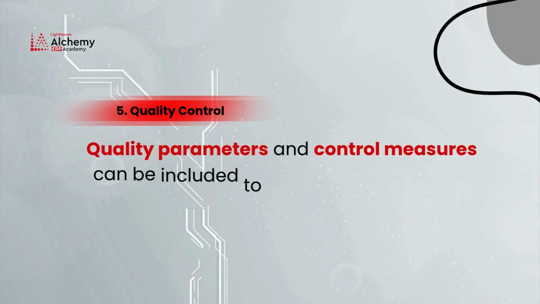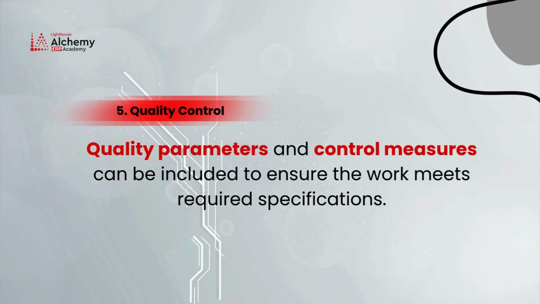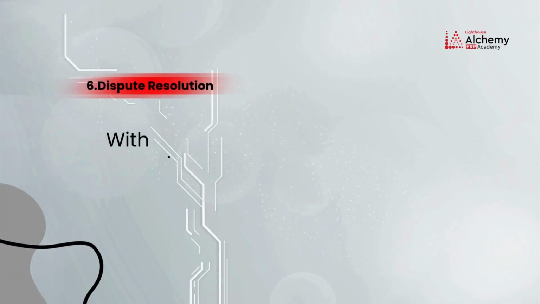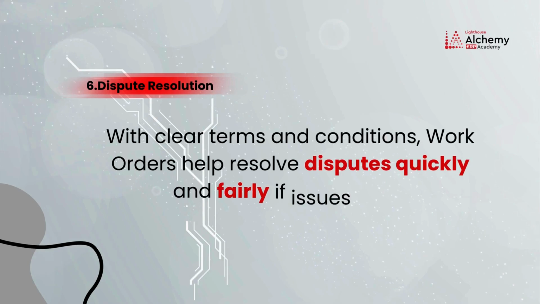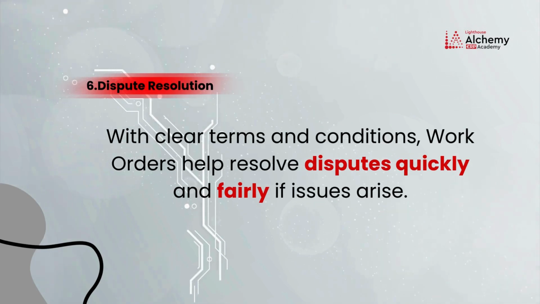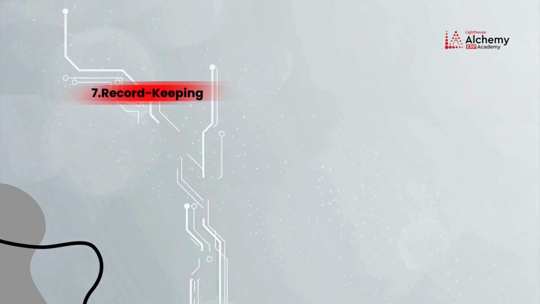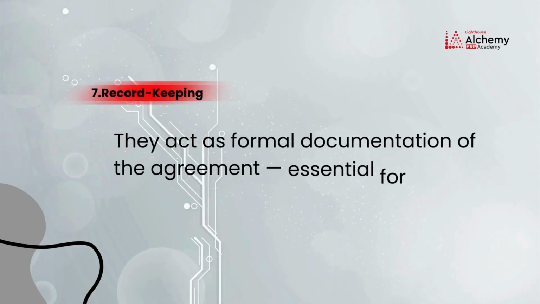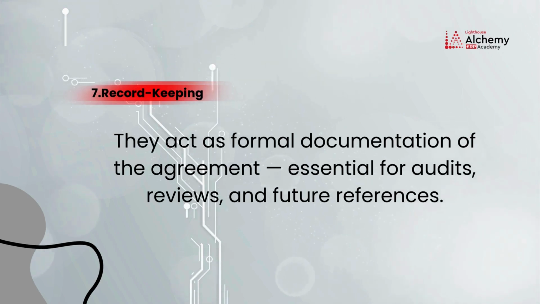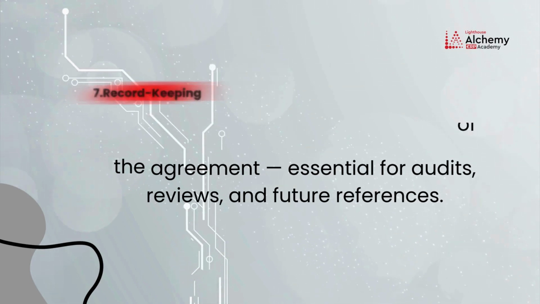Quality parameters and control measures can be included to ensure the work meets required specifications. Dispute resolution. With clear terms and conditions, work orders help resolve disputes quickly and fairly if issues arise. Record keeping. They act as formal documentation of the agreement, essential for audits, reviews, and future reference.